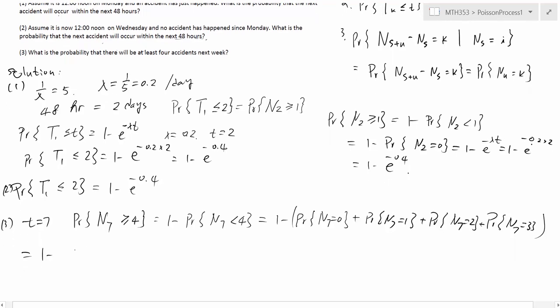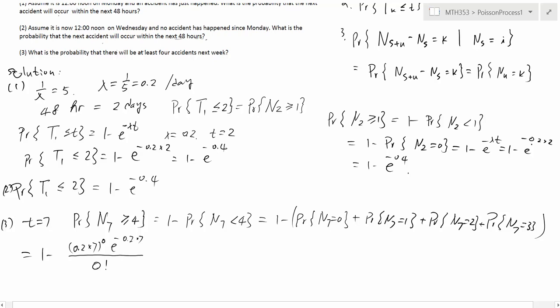Lambda t, where lambda is 0.2 and t is 7, is 1.4. We have that to the power k, which is 0, and then e to the negative 0.2 times 7, divided by 0 factorial.